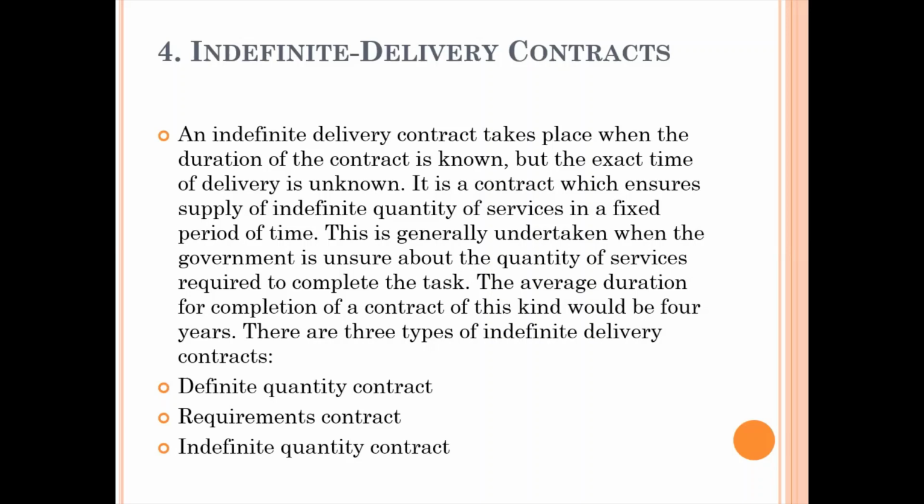It ensures supply of indefinite quantity of services in a fixed period of time. This is generally undertaken when the government is unsure about the quantity of services required to complete the task. The average duration for completion of a contract of this kind would be 4 years.